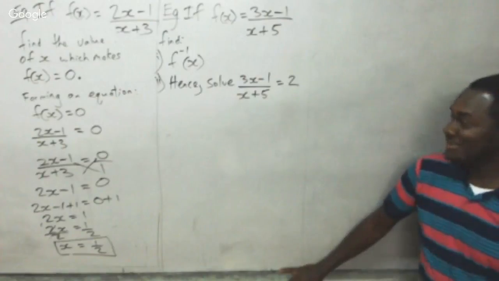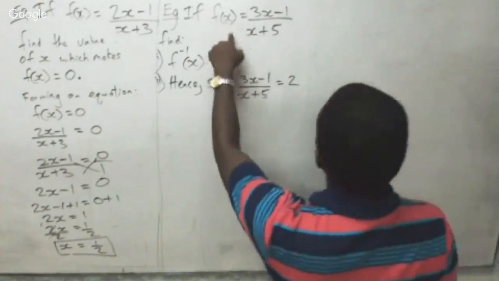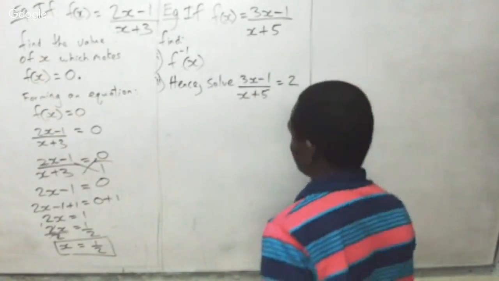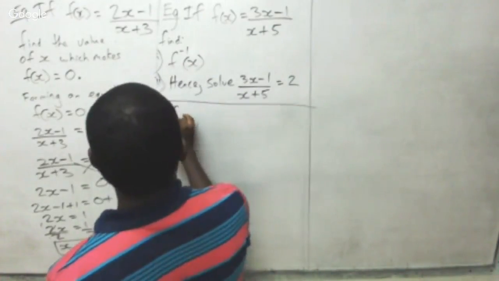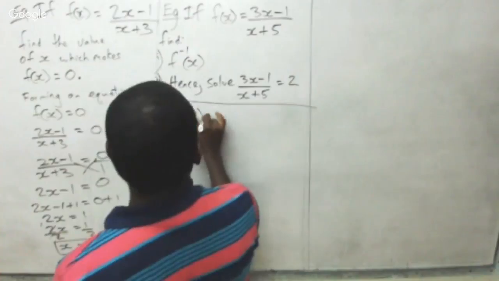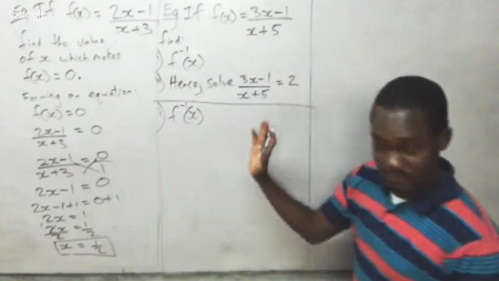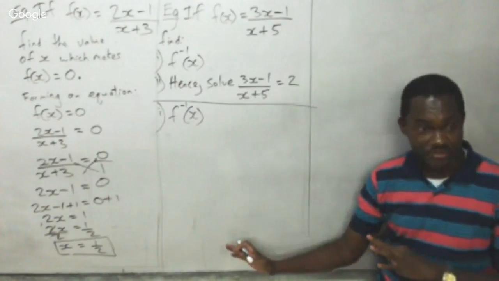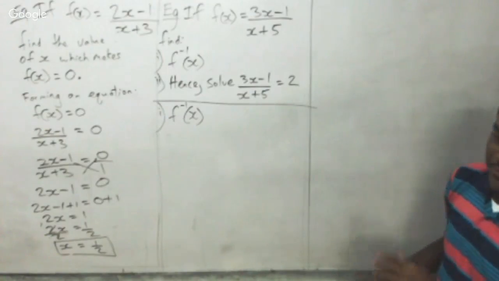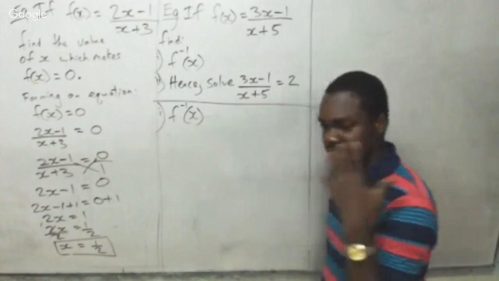Can we continue? So, the first part of the question is to find what? F inverse. Very good. All right. So, remember, same procedure. There's no trick in mathematics. Everything is straightforward. So, if you want to find f inverse, we have to start with which function?